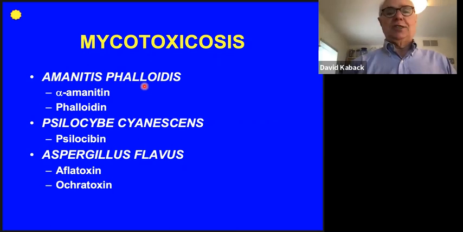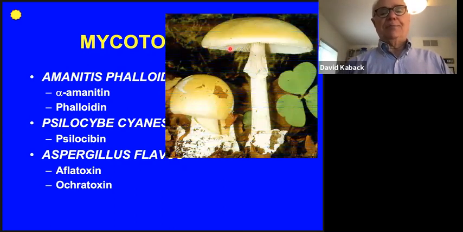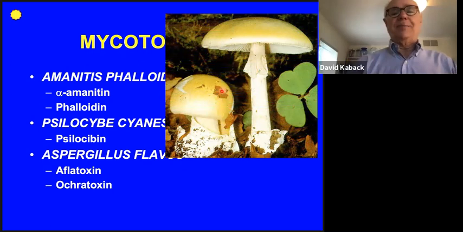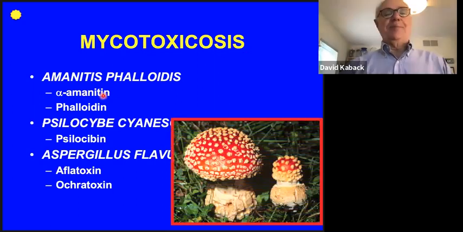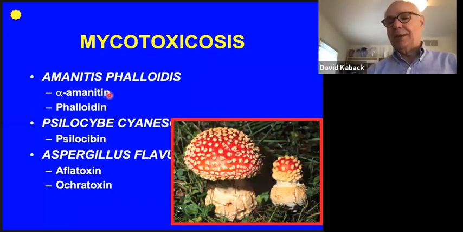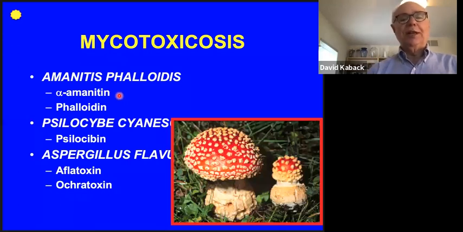Amanita phalloides, for example, the standard mushroom, death cap I think it's called over here. There are forms of Amanitas that are quite beautiful that produce these things. And these produce a compound called alpha-amanitin that you may have heard of because it inhibits RNA polymerase, but more importantly, it is a nerve toxin. It's a neural toxin, binds to lots of different proteins.